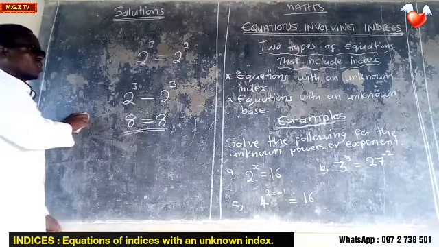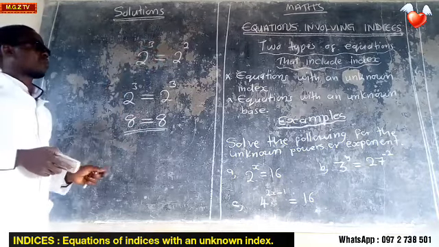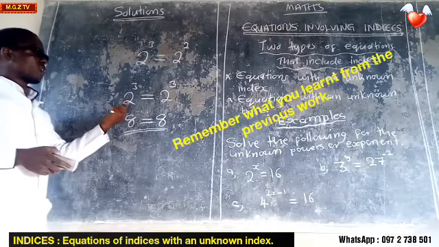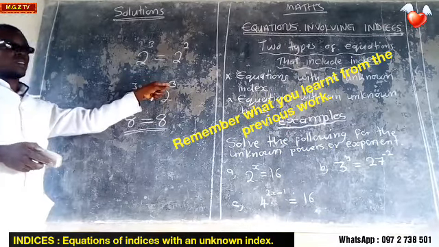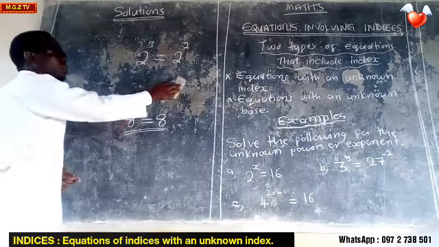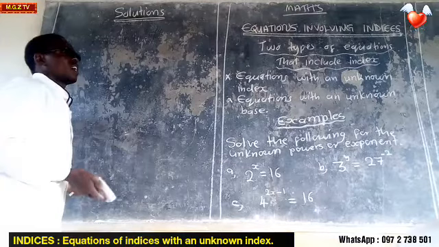So it is an equation that involves exponents, where you have the bases and the powers. Under equations that involve indices, there are two types.